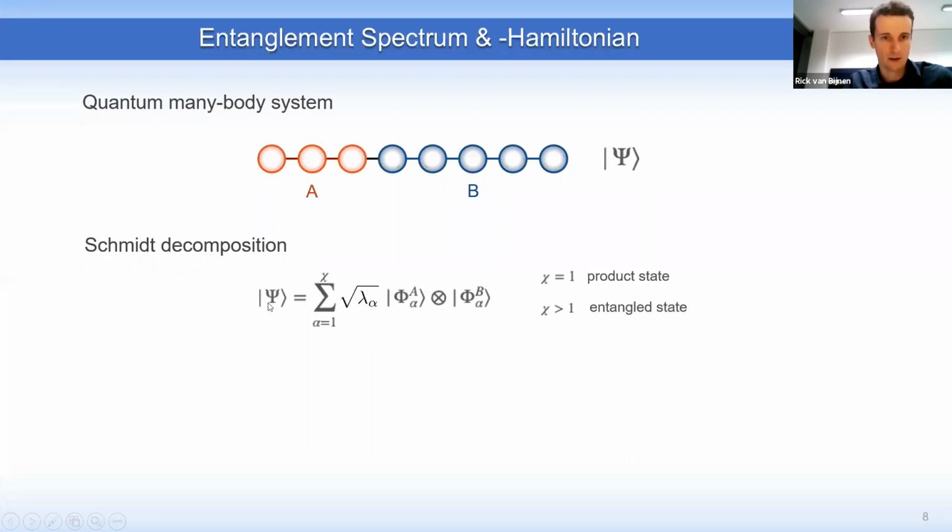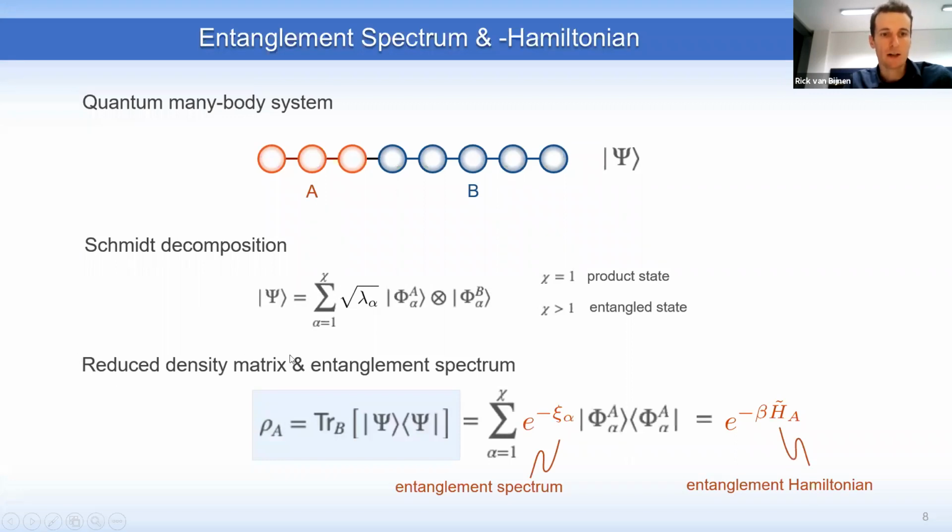Now if I calculate the reduced density matrix, so I trace out subsystem B, then I find something of this form, and we see exactly these Schmidt components. These state vectors appear here with some prefactors. The number of non-zero components here is the rank of the density matrix, and this tells you how entangled it was.